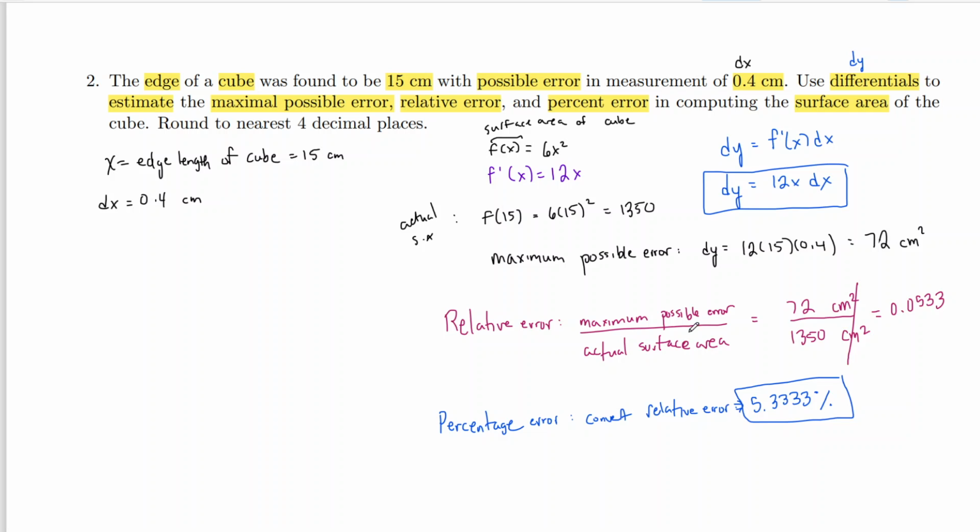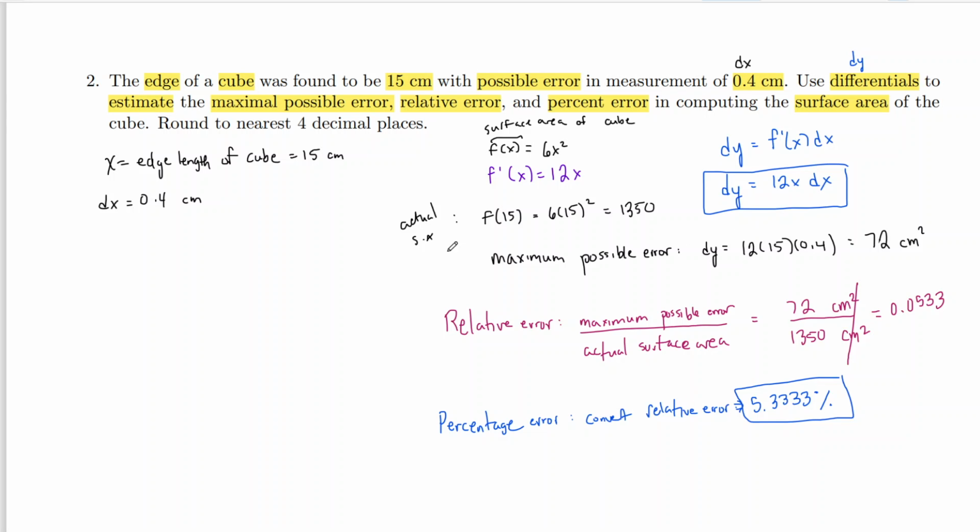And that would be a big deal. So this estimation of 0.4 centimeters is pretty big relative to the 15 you actually measured. If this was 100 centimeters and this was 0.4, then the relative error in your measurement would be much smaller.